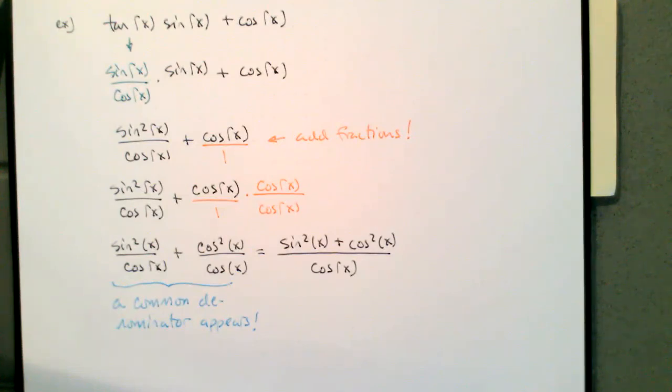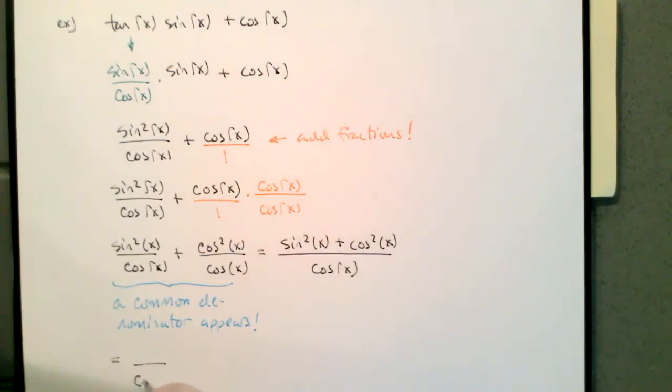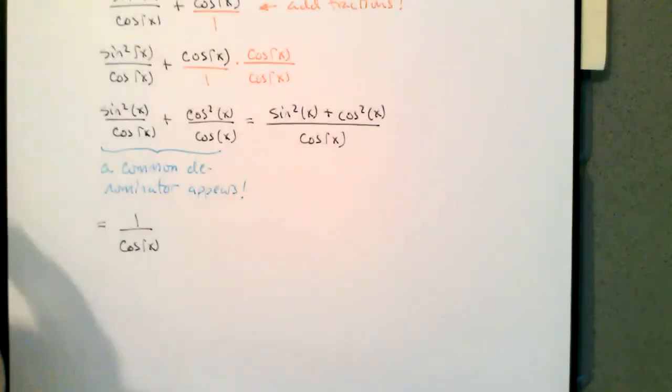And now we're looking at sine squared plus cosine squared, which was the whole thing that was supposed to happen in this expression. Sine squared plus cosine squared we know is equal to 1, because Pythagorean identity.